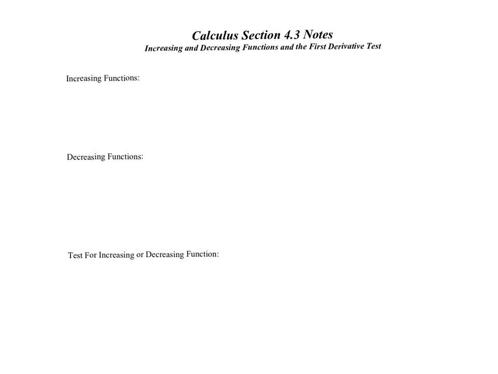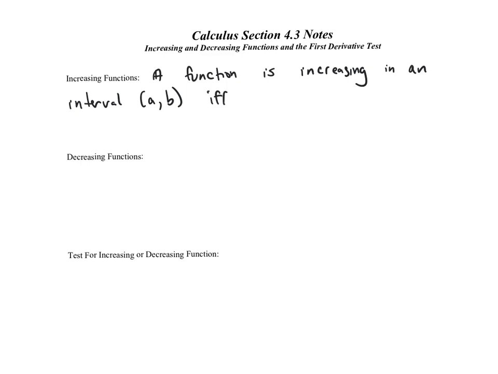For an increasing function, the official definition is this. We say a function is increasing in an interval, and we'll call it AB, if and only if f of A is smaller than f of B for all A and B in the interval.